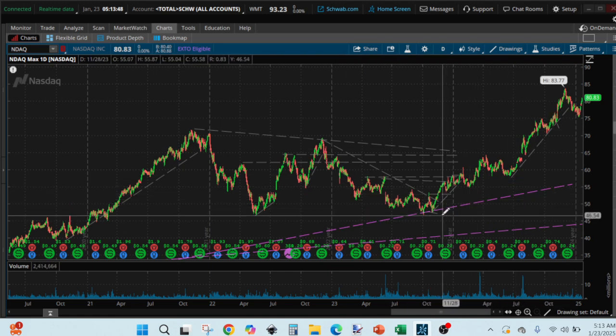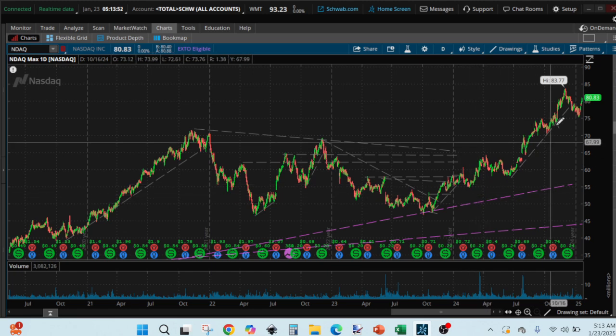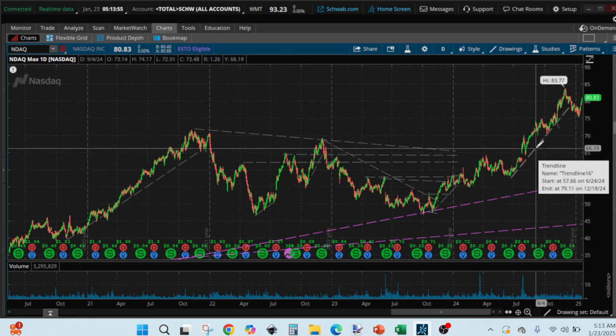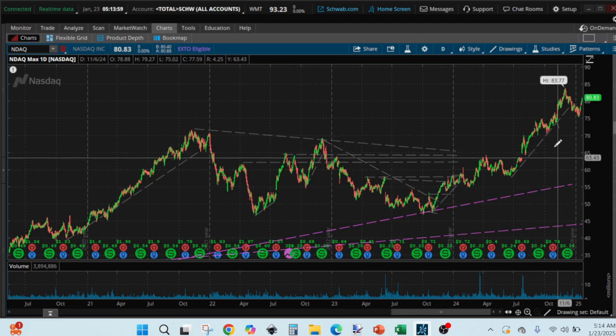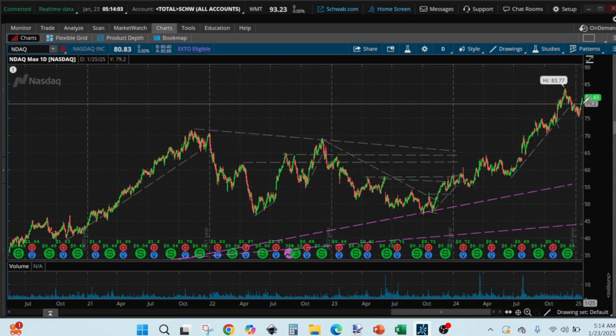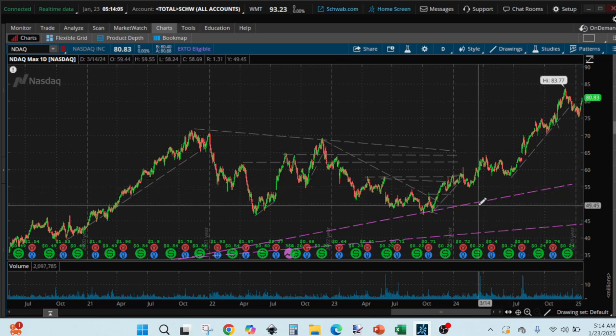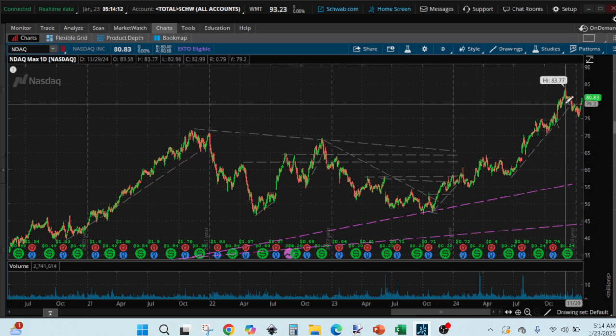Because we know that it tends to make this type of mountain, we can ask ourselves what side of the mountain the price is on right now, and we can say that it's still on the peak side of the mountain.